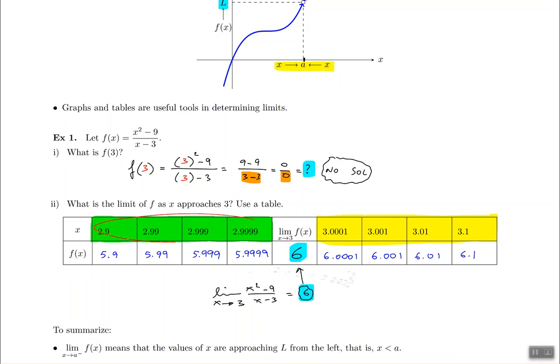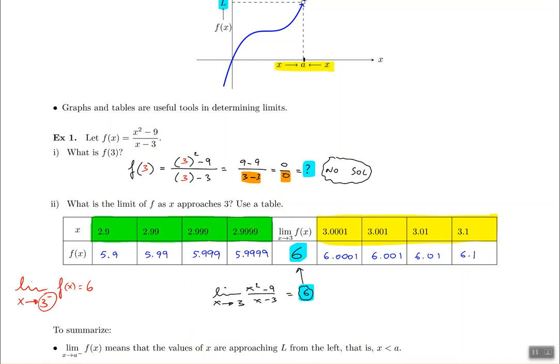Since all of these numbers right here are slightly less than 3, we can say that the limit as x approaches 3 minus of this function f of x is equal to 6. What does this notation mean? What does it mean to write x approaches 3 with this exponent of a minus sign? This notation literally means that you come close to 3, but you're slightly less than 3.